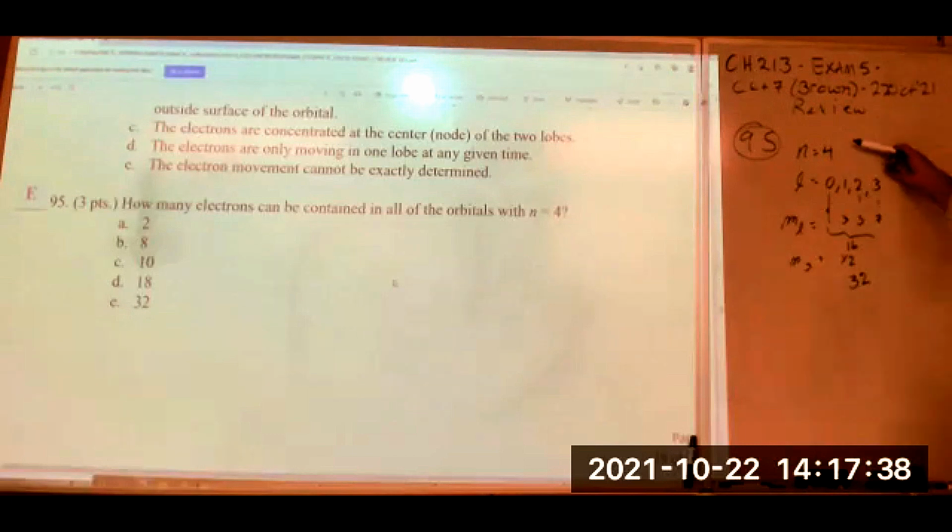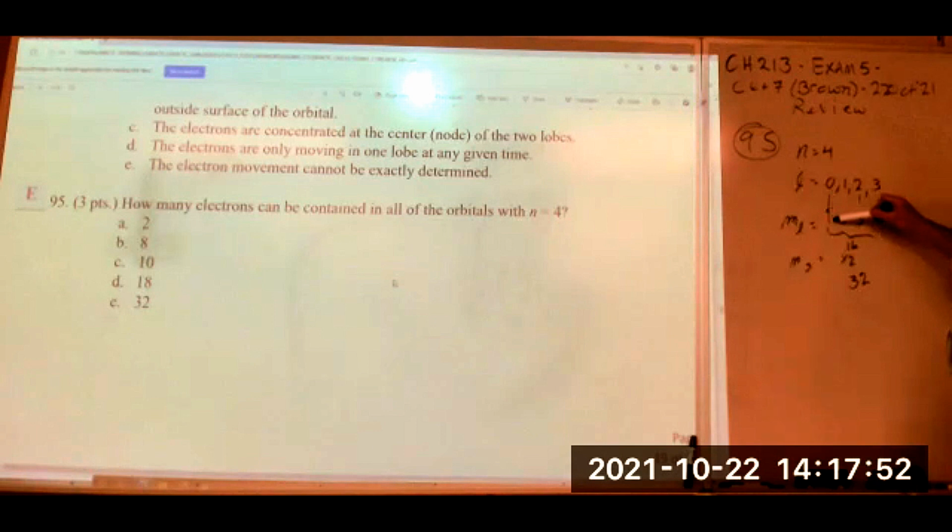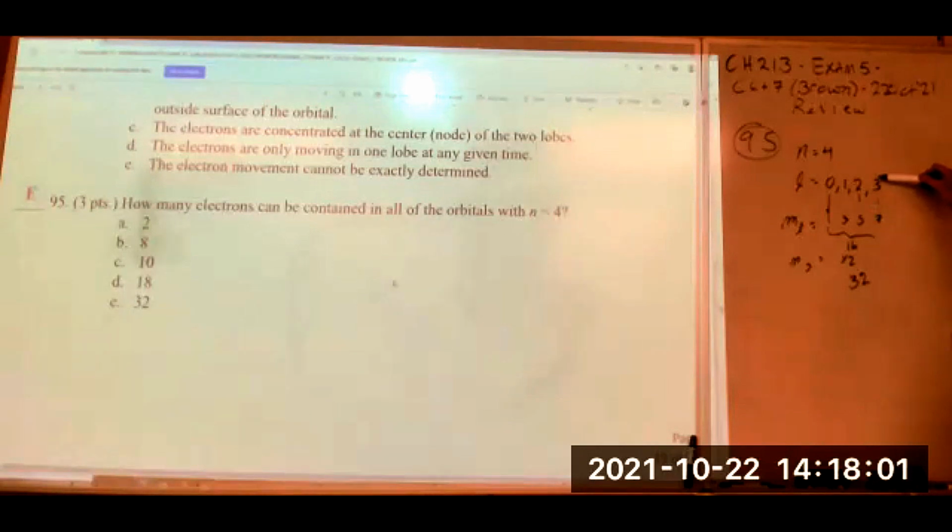Let's see if I did this right. At n equals 4, we can have 0, 1, 2, 3. That's correct. Then this one can have only 1 level, this one can have 3 levels, this one 5 levels, and this one 7 levels. That's right.